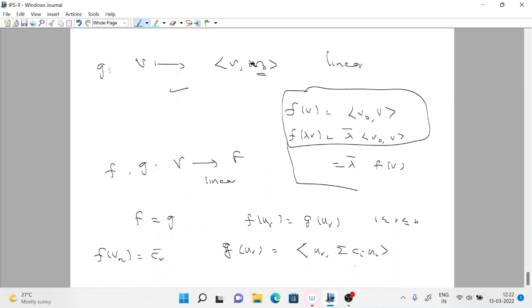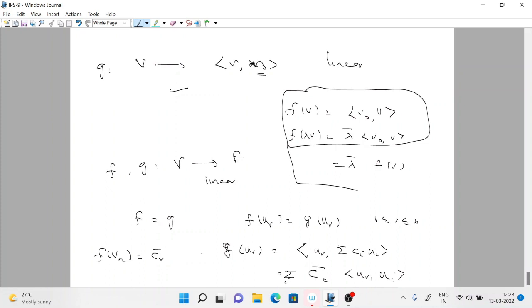That is your V0. You understand that? So what does it come to? By the usual thing, this comes out as summation Ci bar inner product UR with UI, and this summation is over i, therefore only CR bar remains. Therefore f of UR equal to G of UR.